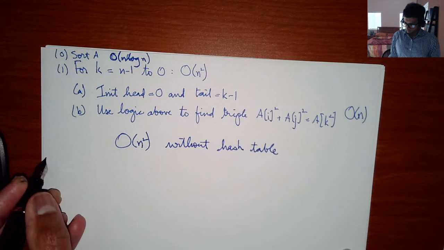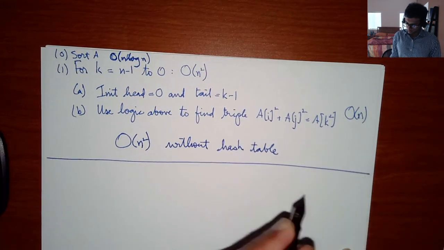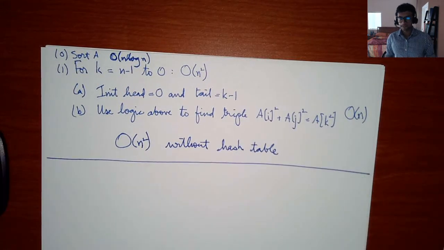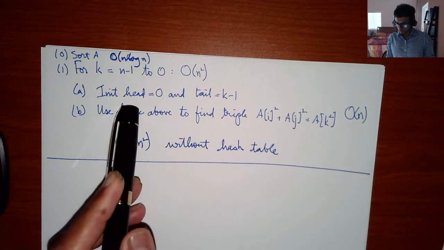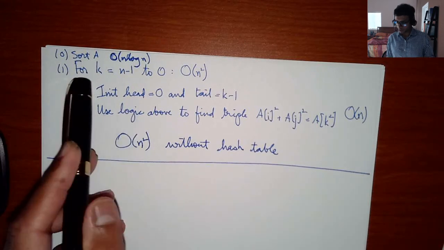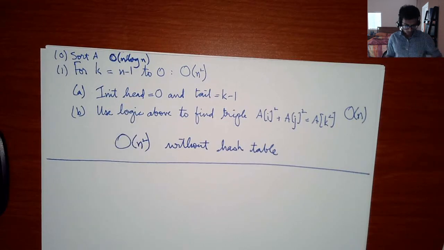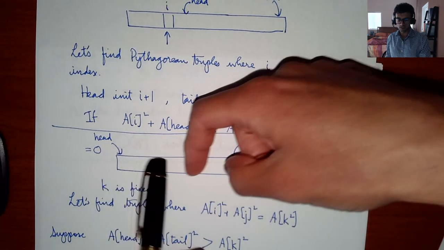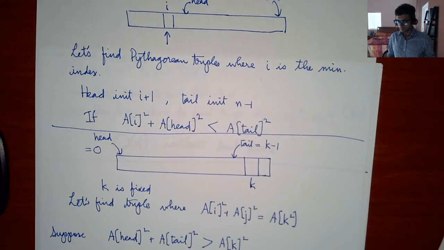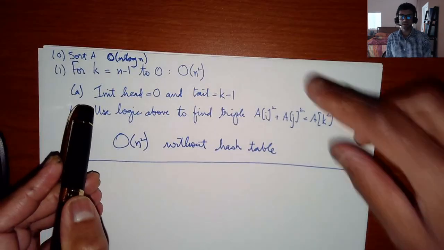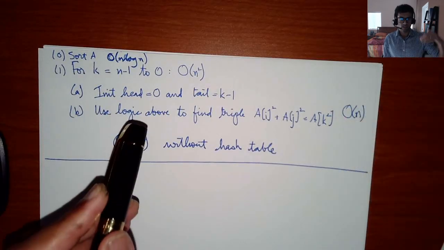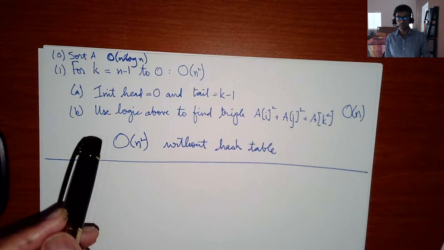Professor, when you decrement k, do you leave the head fixed in the same spot, or do you increment that by one? No, when you decrement k, you reinitialize the head and the tail. The head and the tail will always begin at the ends, and then they will march towards each other. Okay, I see. So you initialize the head and the tail when you reset k, and then you use the above logic.